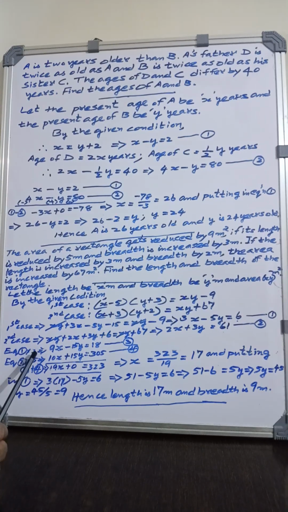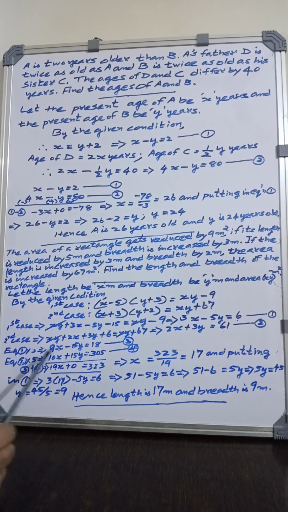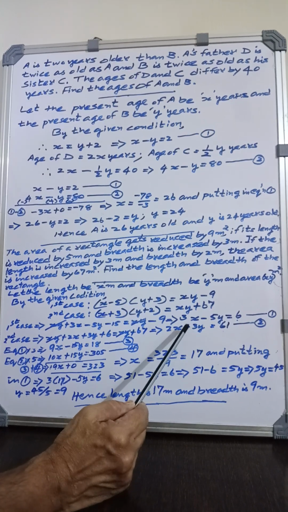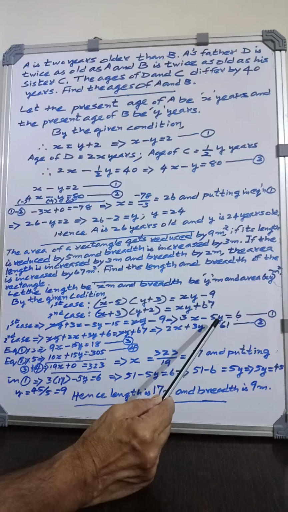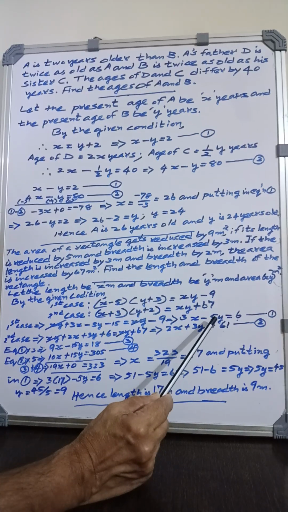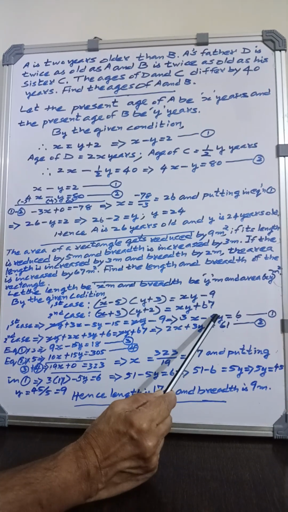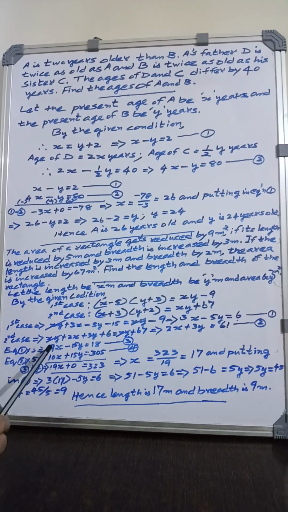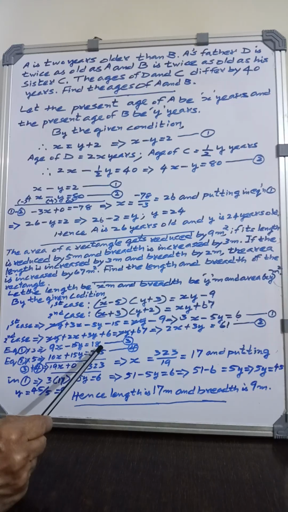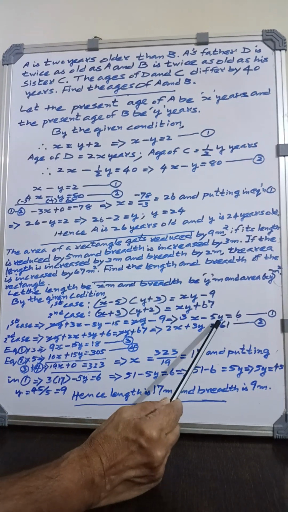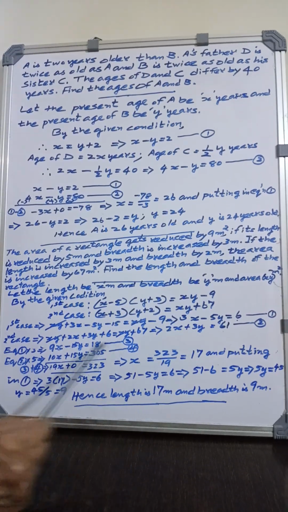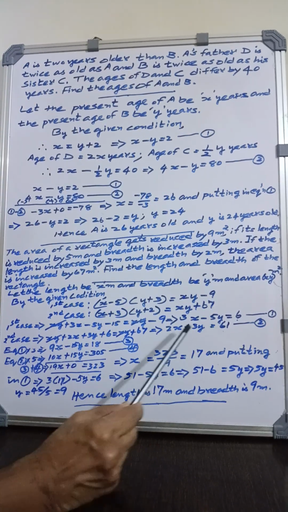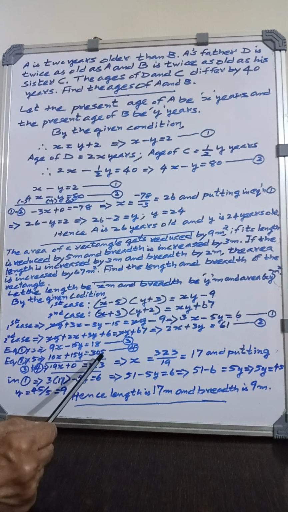First equation into 3 and the second equation into 5. The first equation into 3 gives 9x minus 15y equals 18, and the second equation into 5 gives 10x plus 15y equals 305.